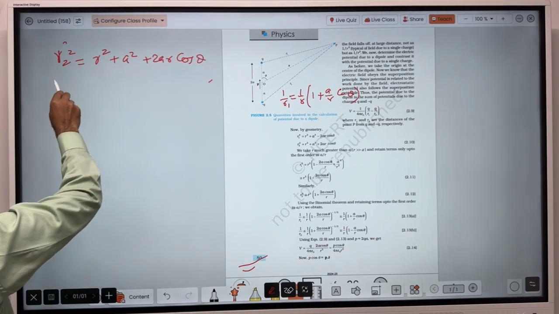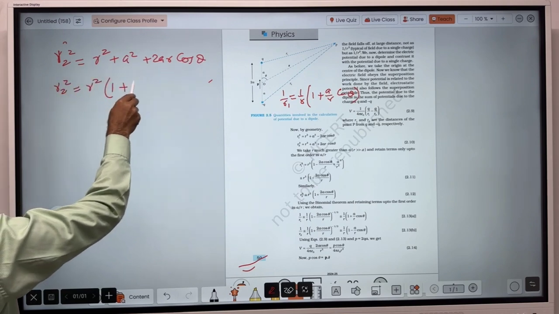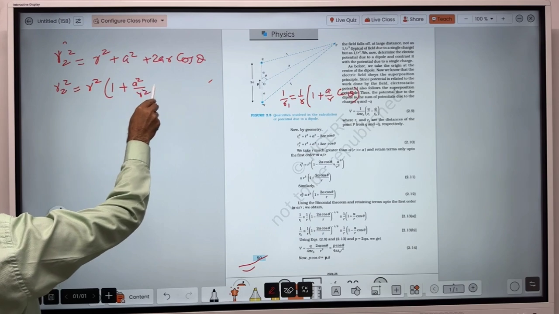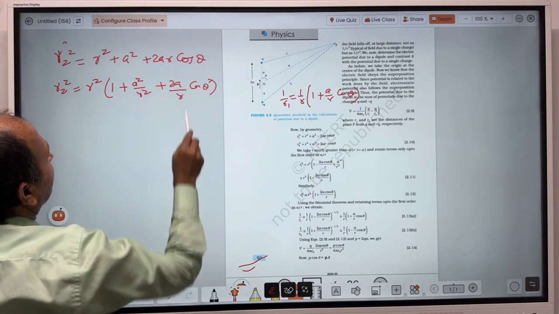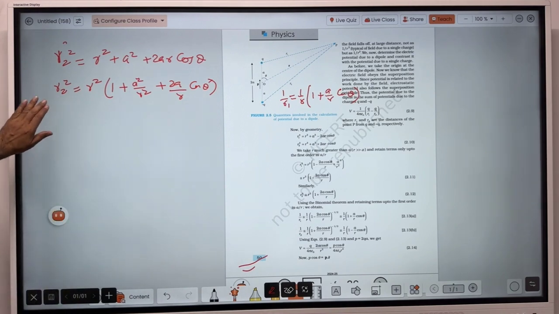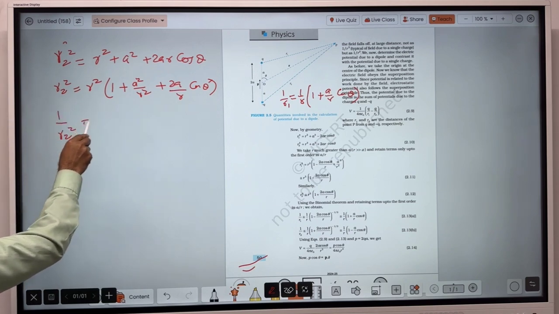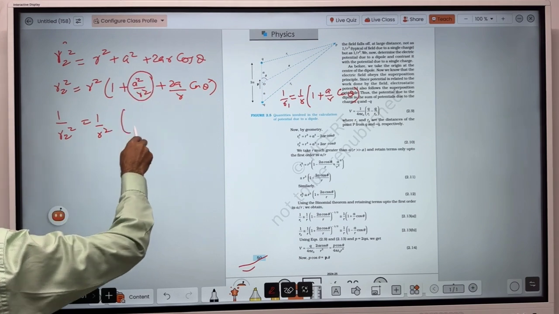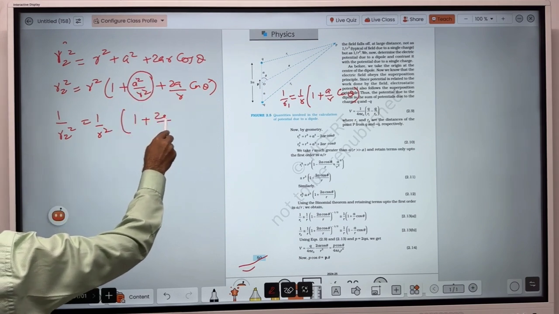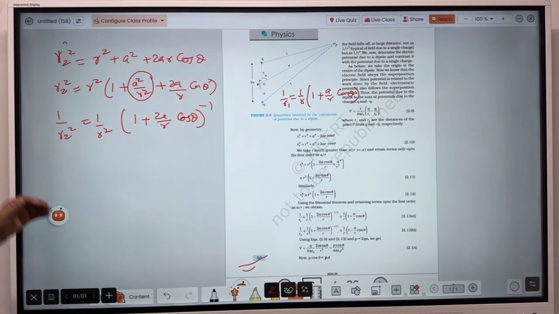And if we take r square common, r2 square equals r square times 1 plus a square upon r square plus 2a upon r cos theta. Now our concern is to get the inverse of it. So here we write 1 upon r2 square equal to 1 upon r square, and here the a square by r square term can be neglected. So we will be left with 1 plus 2a upon r cos theta whole power minus 1.